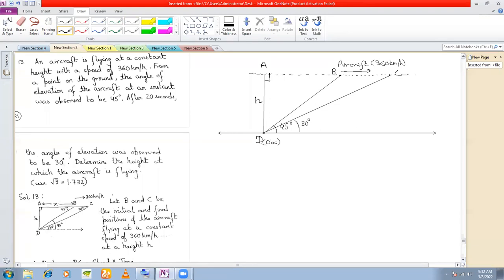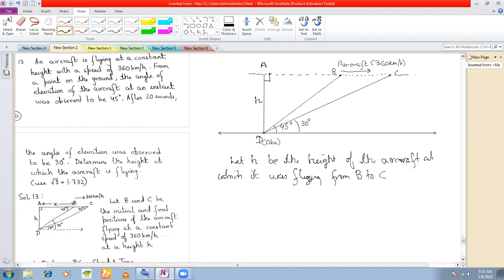So let's see how to find out the height. Let H be the height of the aircraft at which it was flying from B to C.